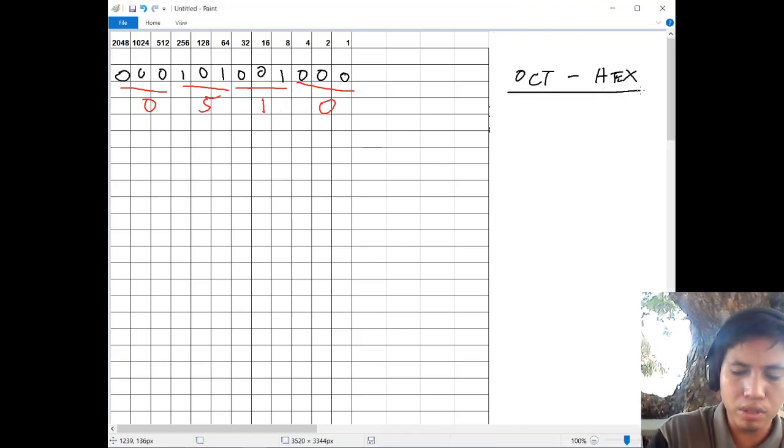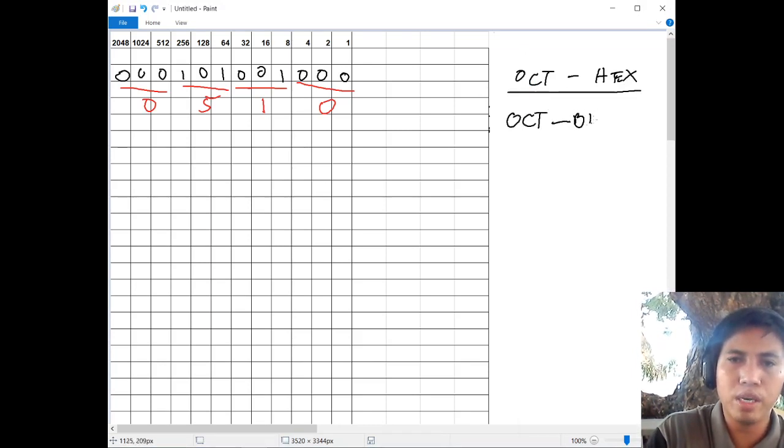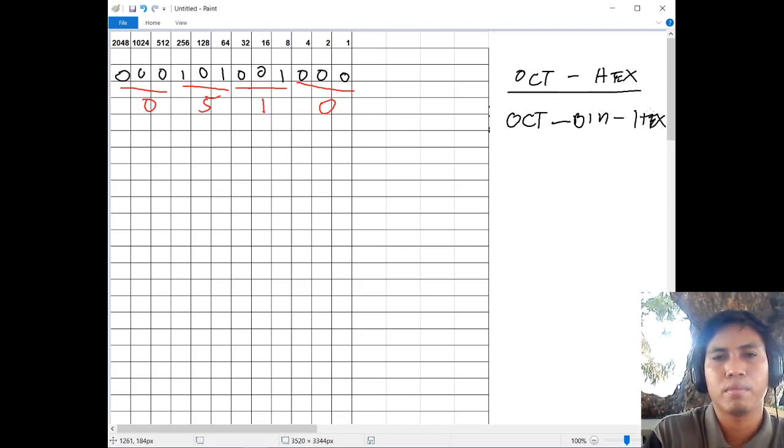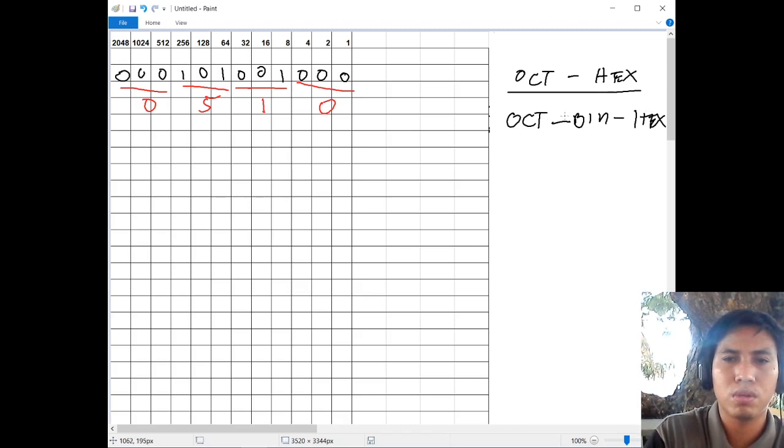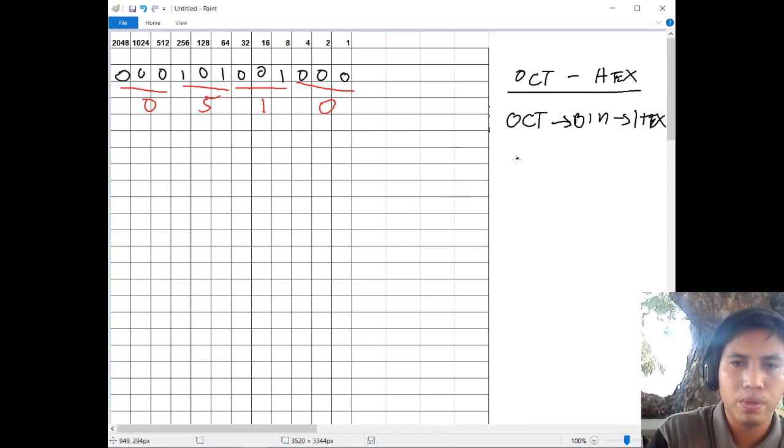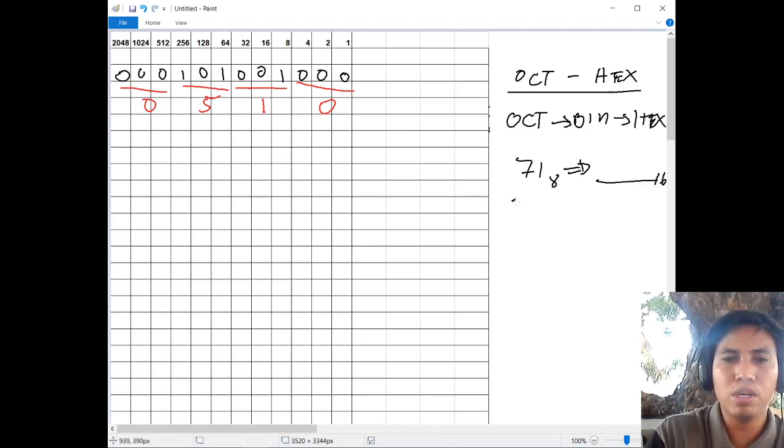If we are to convert octal to hex, that would be octal to binary to hexadecimal. Now, we are given an octal value, let's say 71, base of 8, and we convert that one into base of 16. Again, we need to convert each digit to binary.